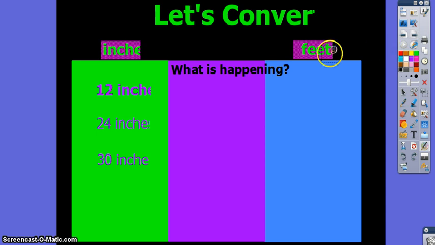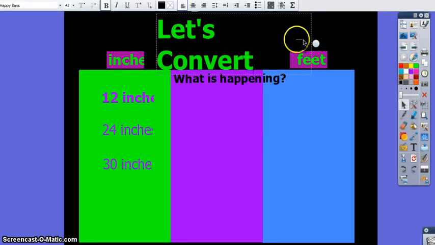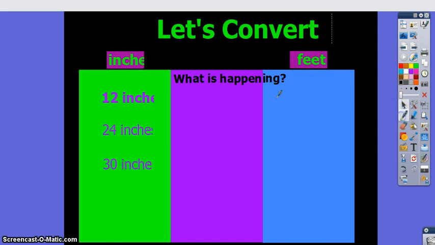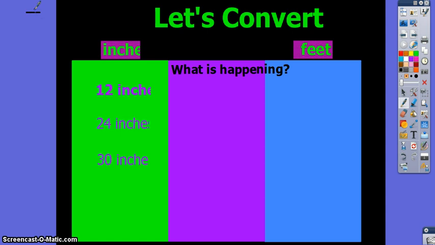Okay, so now we're going to convert some more here. We're going to convert now from inches to feet. So now we're going from a small unit to a large unit. And when you go from small to large, you're going to divide. Sounds funny. It's kind of opposite of what you think in your head.